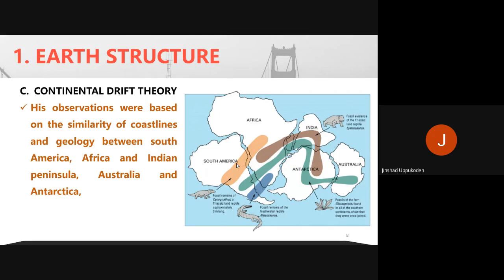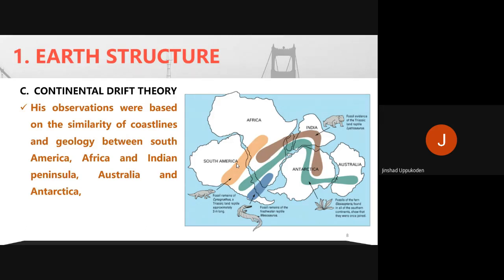Besides the coastline, even the geology and sometimes the fossil records show common links between these continents. The fossil remains found in South America and Africa near the coastlines were almost similar.